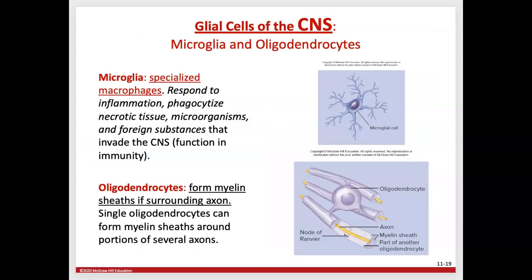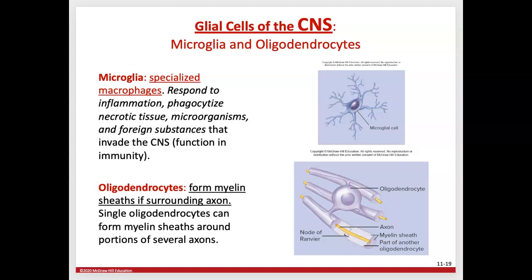The next glial cells we'll talk about in the CNS are the microglia and the oligodendrocytes. They just put these on the same slide, but they are completely different cells. The microglia are specialized macrophages, and remember that a macrophage is part of our immune cells, the trash trucks that clean up stuff that's not needed, or bad guys that find their way in.